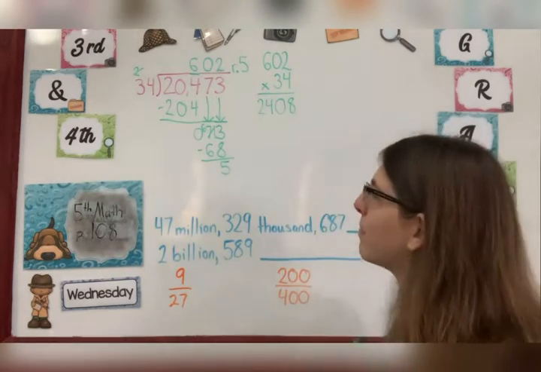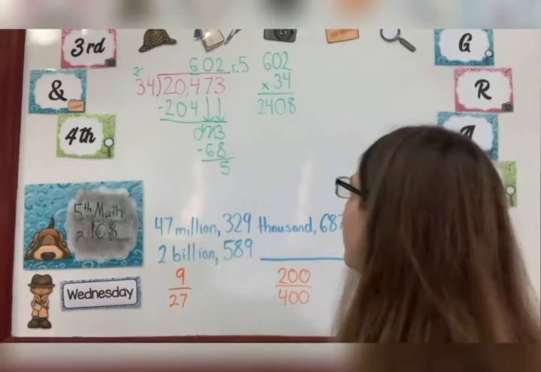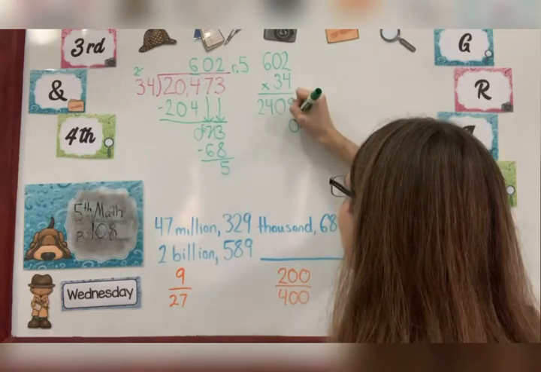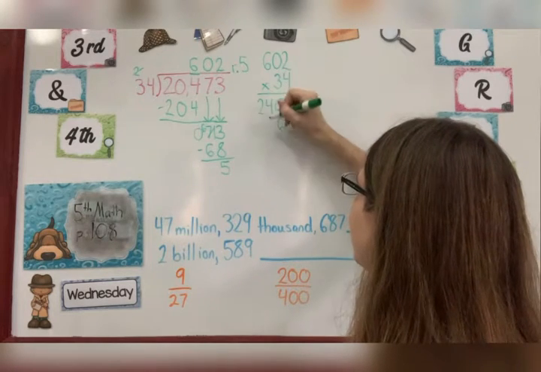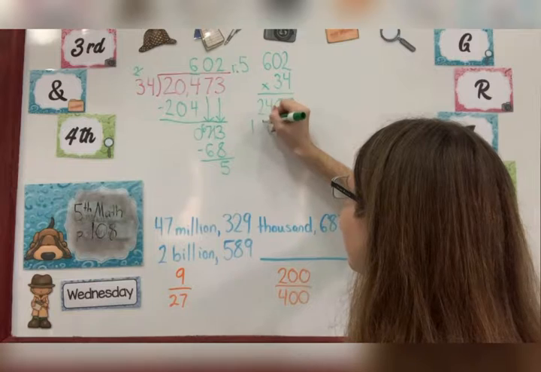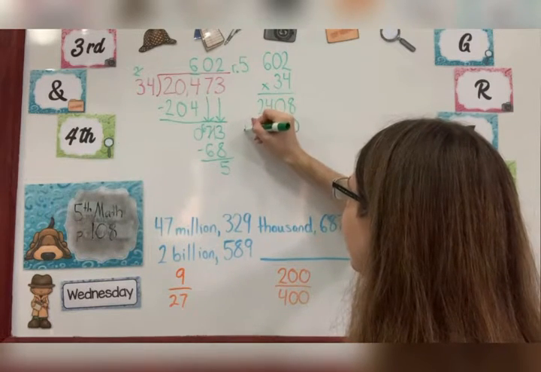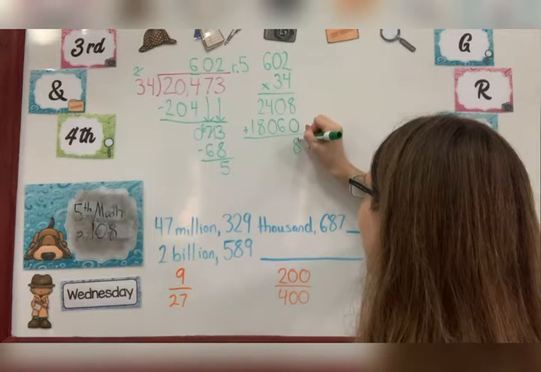Good job. Now I go to my next number, my 3. I have to put a 0 to hold my place. 3 times 2 is 6. 3 times 0 is 0. 3 times 8 is 18.